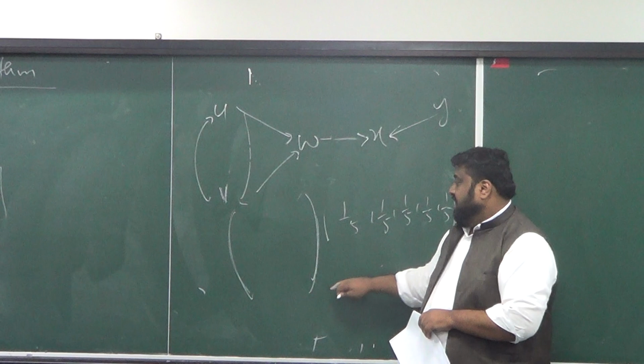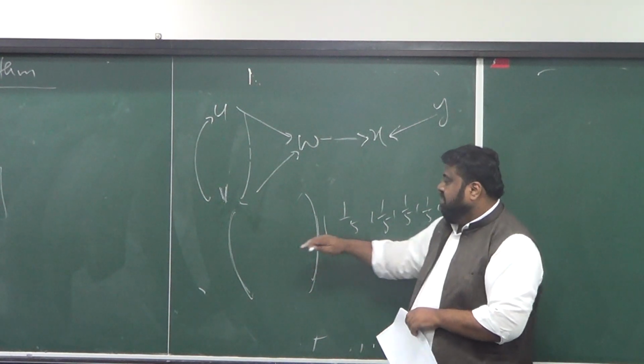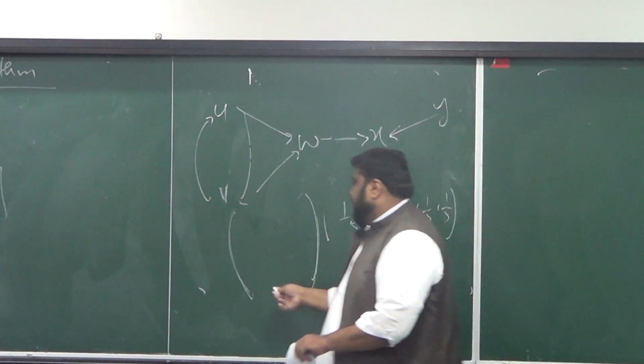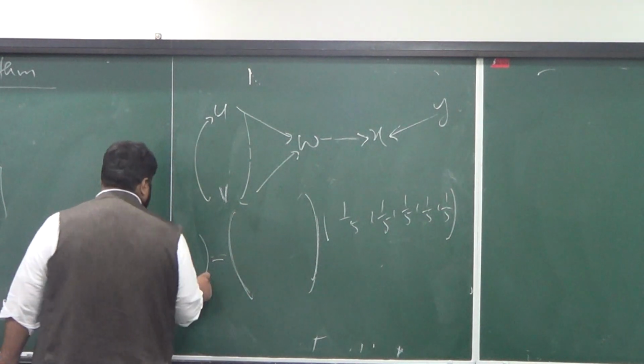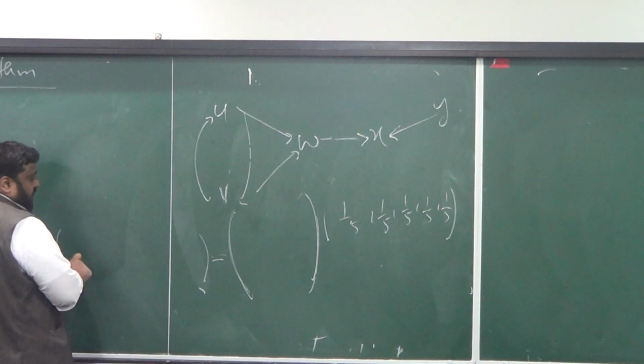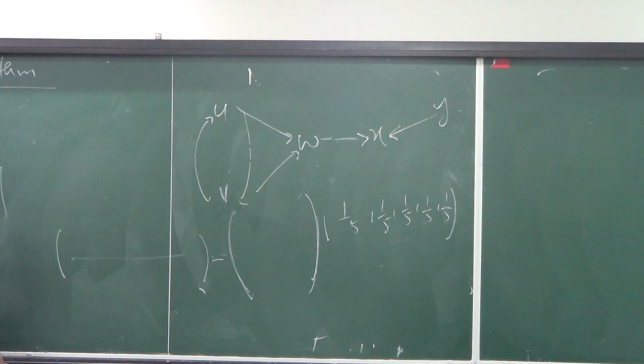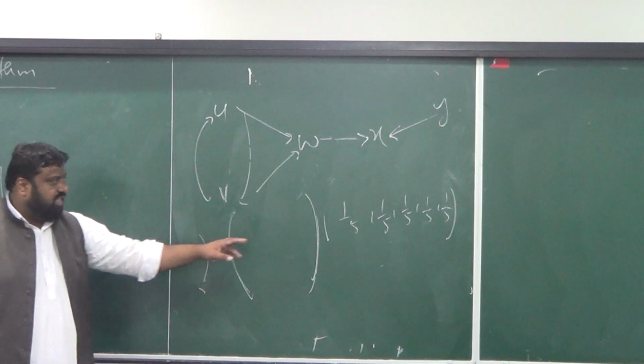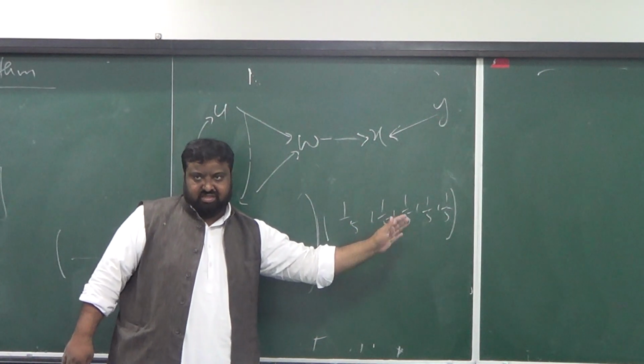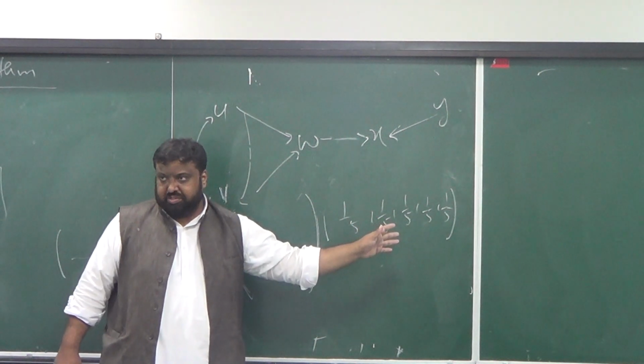You multiply the vector with the transition matrix, you get a new vector. The new vector is going to have different entries. I'm just giving you a heuristic picture, not a precise picture. So these numbers would change.